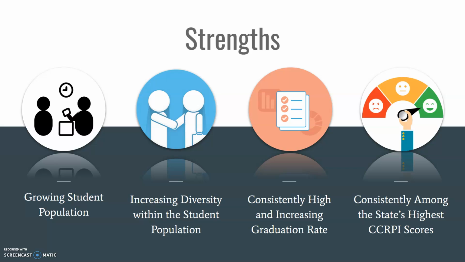Here are a few of the strengths that can be pulled from the data we've looked at. Over the last 3 years, North Oconee has experienced a growing student population. This has brought about an increase in diversity within the student population. Student achievement shows a consistently high and increasing graduation rate, as well as North Oconee being consistently among the state's highest CCRPI scores.